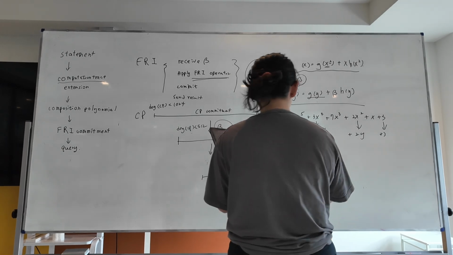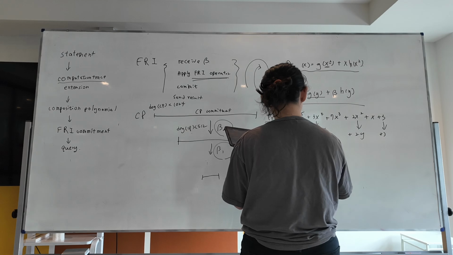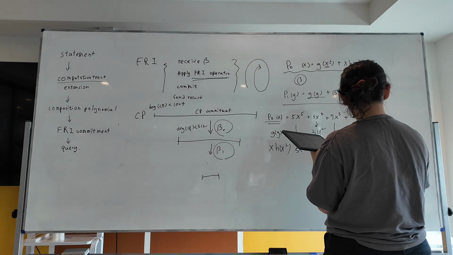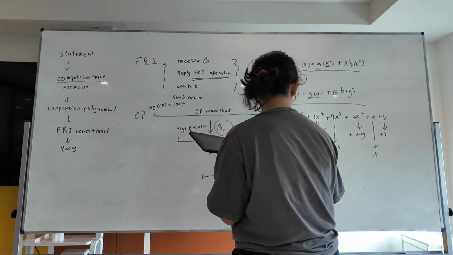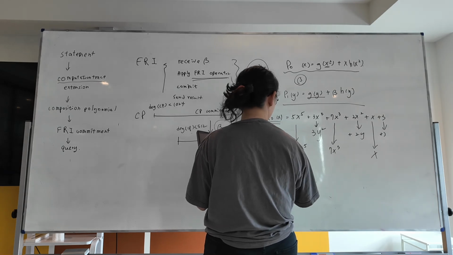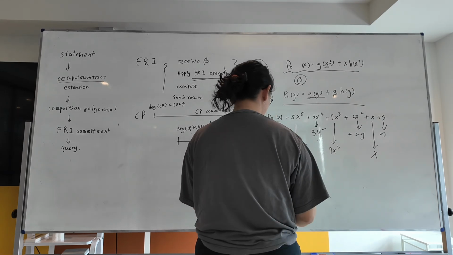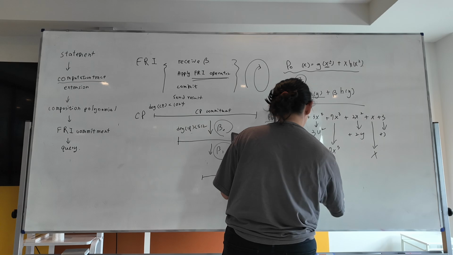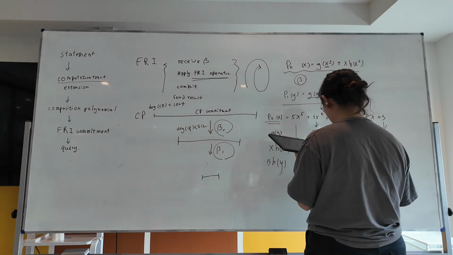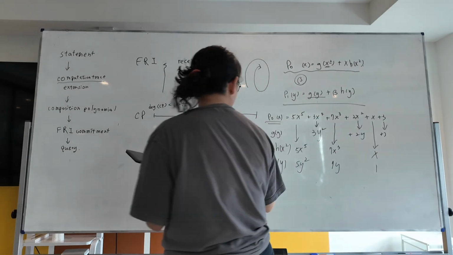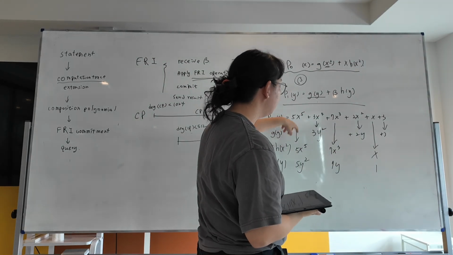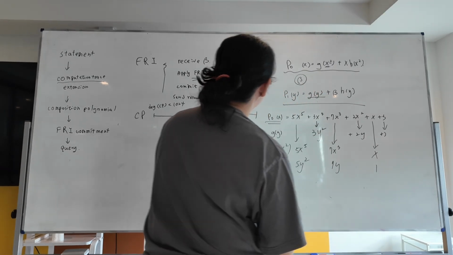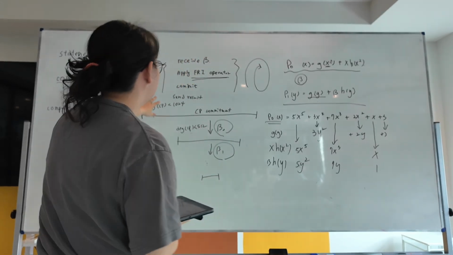This will be easier. So when we look at it here, we just put it down. So this is the odd items. And then we put beta hy here. So it's going to be 5x squared, oh sorry, 5y squared, 7y, and 1. So you see how the degree is shrunk in y in this way. So this is the intuition behind the FRI operator.